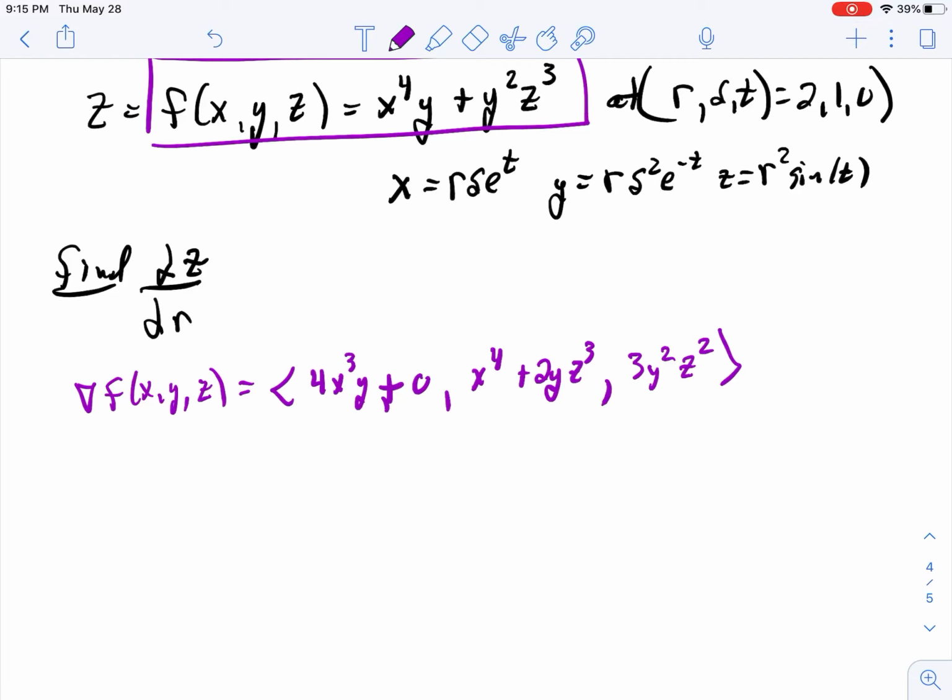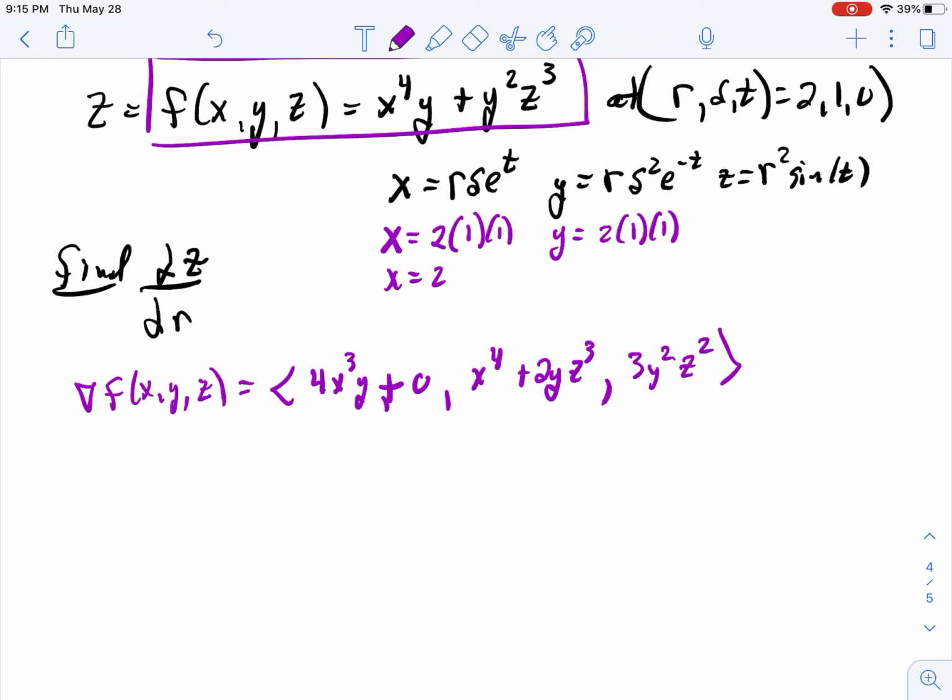Okay, now we want to plug a number in here as soon as possible. So notice, where is my x? Let's come back here. So what is my x at that number? Okay, so r is 2, s is 1, and e to the 0 is 1. So x is going to be represented by 2.